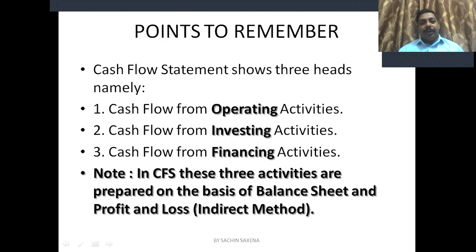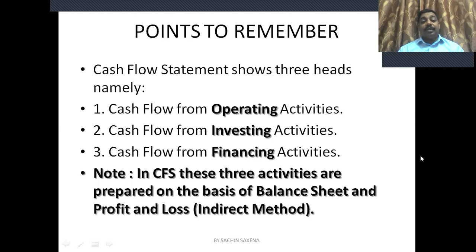When we borrow money from financial institutions, from banks as a loan, then we get money. So inflow of cash is there in financing activity, and financing activity is concerned with arrangement of fixed capital and working capital. Usually fixed capital comes in the financing activity, not working capital.